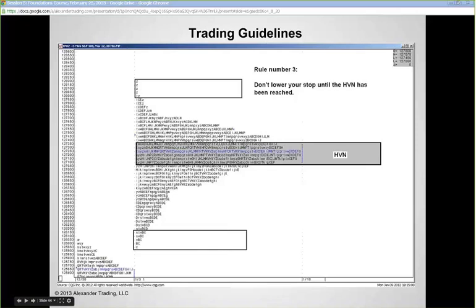So the area around the high volume node contains the most price randomness as long as the market is in balance. The high volume node acts as an attractor as long as the perception of value that created that range holds.